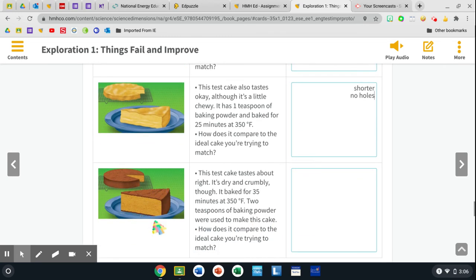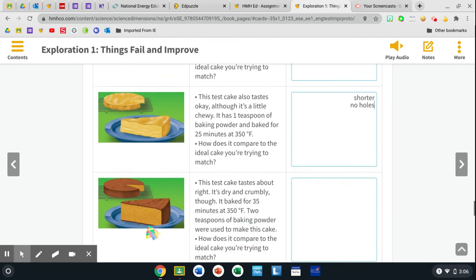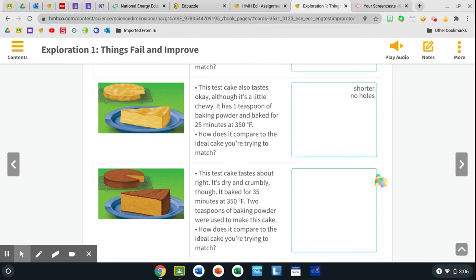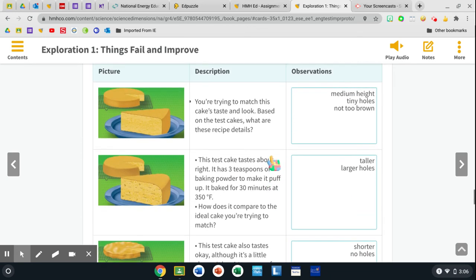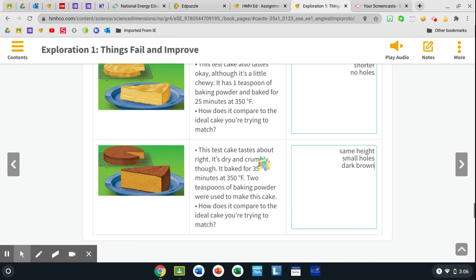I'm going to scroll from here up to there. So as far as height, it's the same height. It has small holes, but it's dark brown.